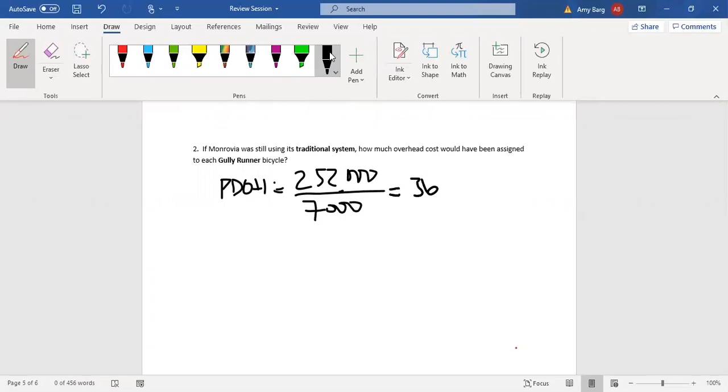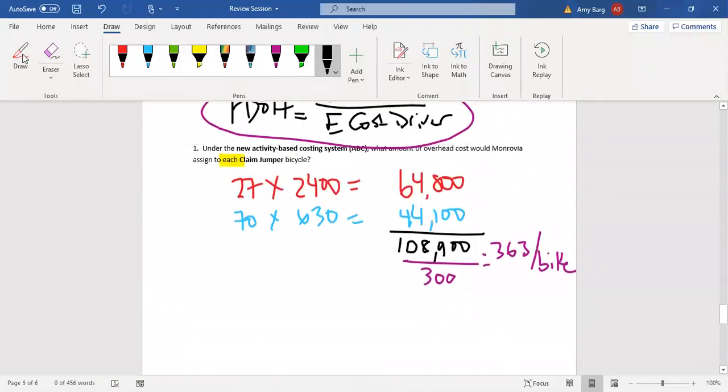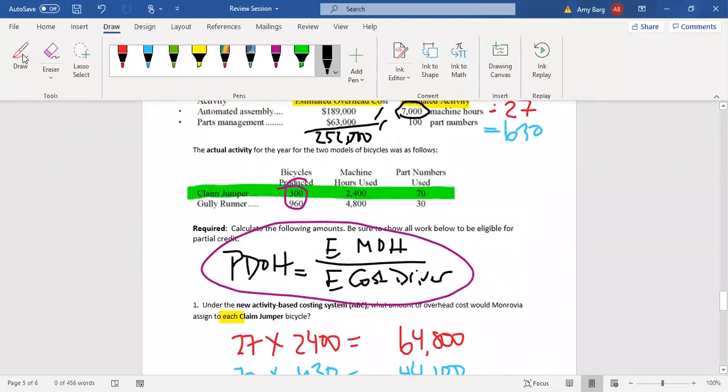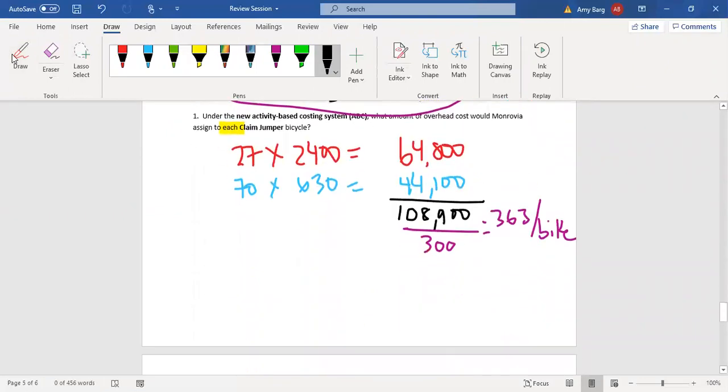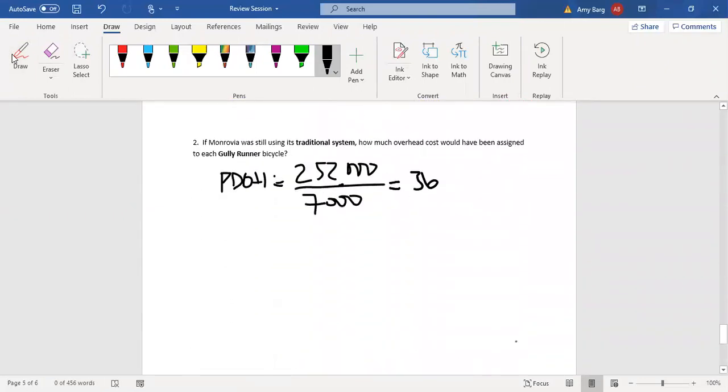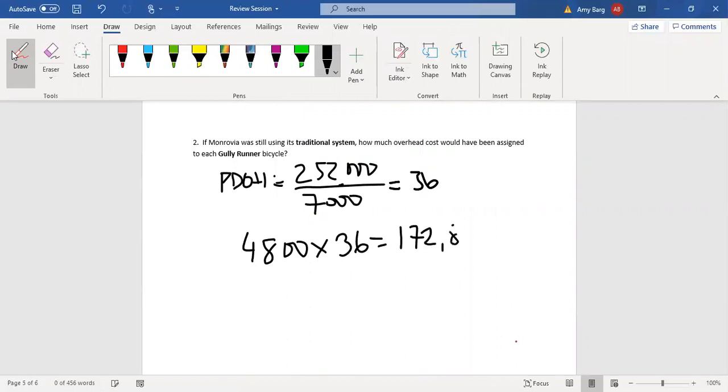So the gully runner bike, it tells us that there were 4,800 machine hours used. And we know that they're $36 per machine hour. So if we just multiply those two things, we get 172,800.